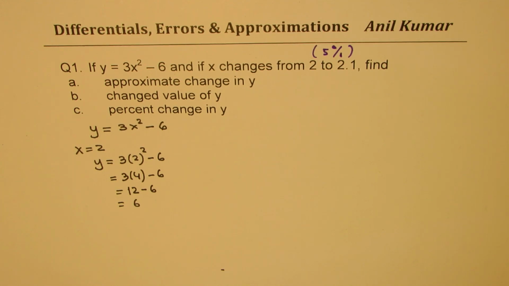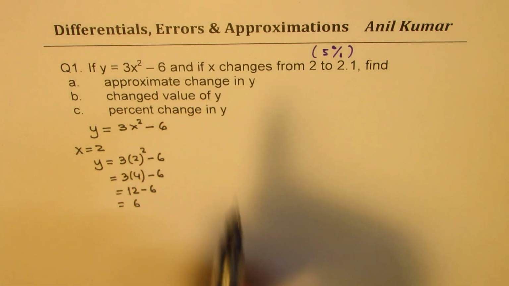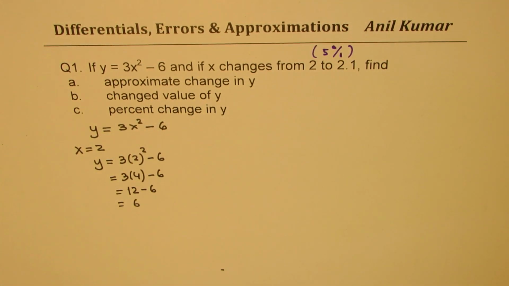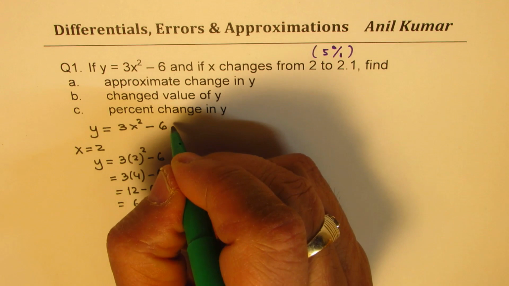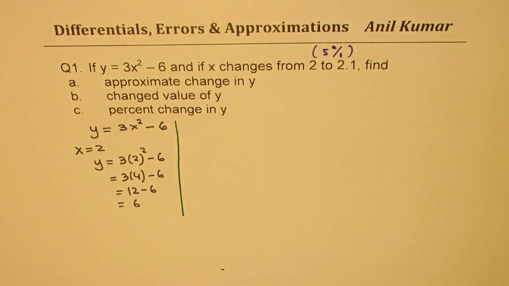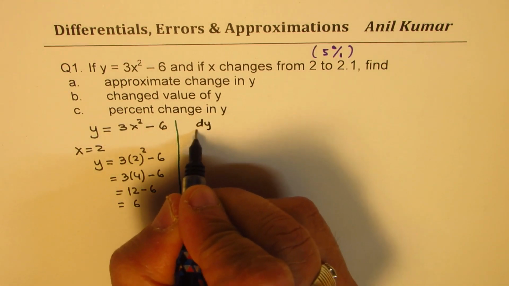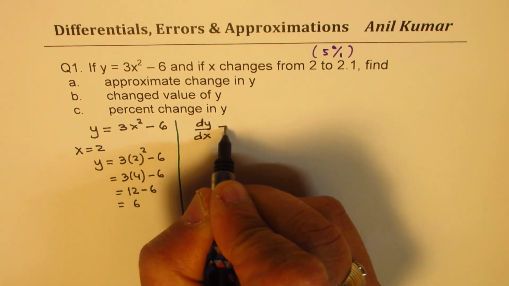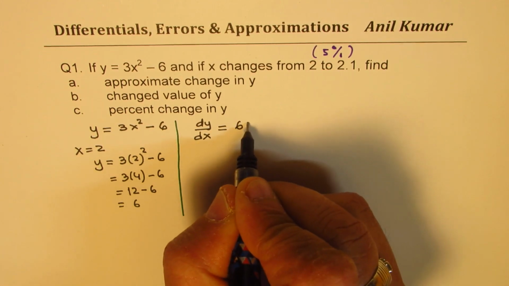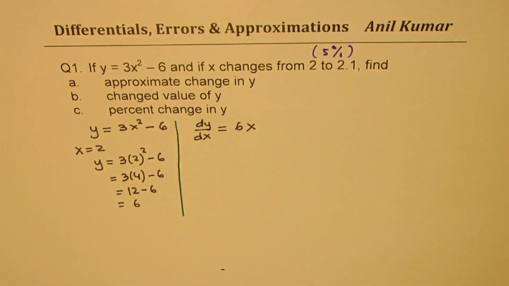Now we need to actually figure out what is the approximate change in y. So how do you find change in y? From the concept which we just learned, we can find the derivative of this function with respect to x. So we get dy/dx equal to 6x, right? So that's the derivative with respect to x.